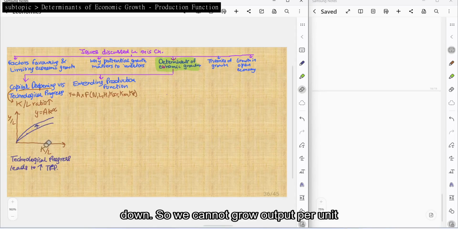So we cannot grow output per unit of labor by increasing only capital per unit of labor. For increasing output per unit of labor, we need improvement in the level of technology in the economy.